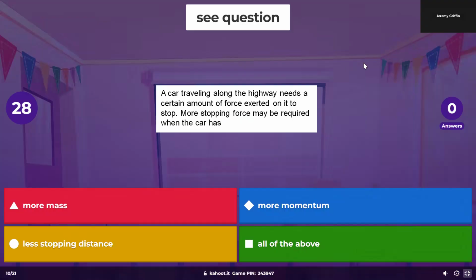That car traveling along the highway needs a certain amount of force exerted on it to stop, right? More stopping force could be required when the car has what?